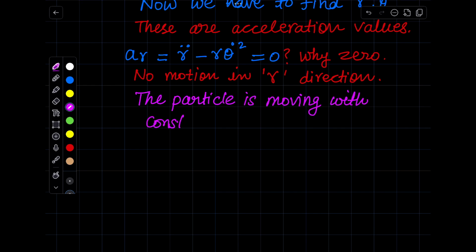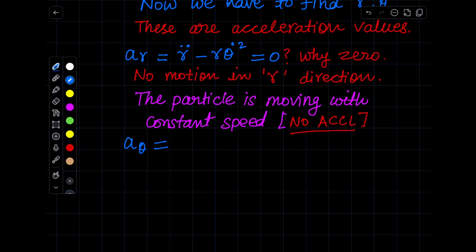Please note that in some r and theta problems, accelerations are present, and in that case, you also have to make an acceleration vector diagram. But in this problem, the acceleration is 0 and the speed is constant.